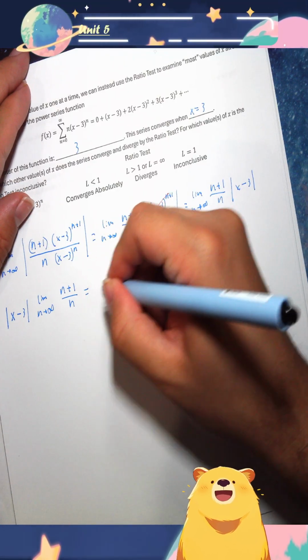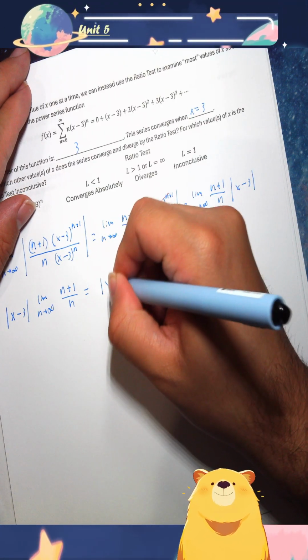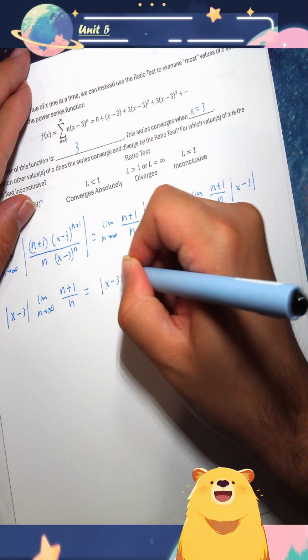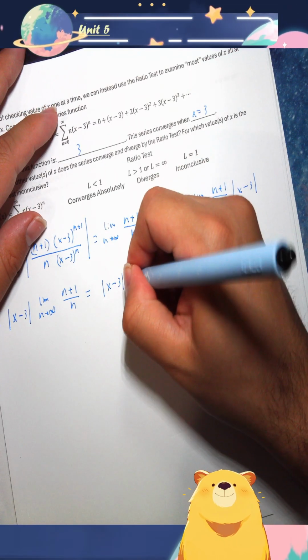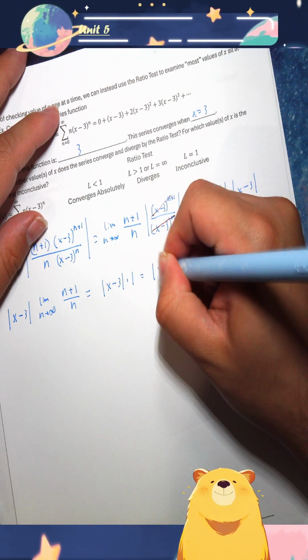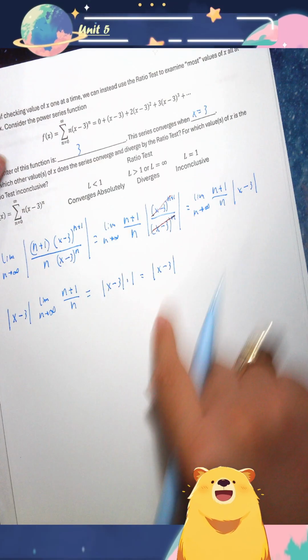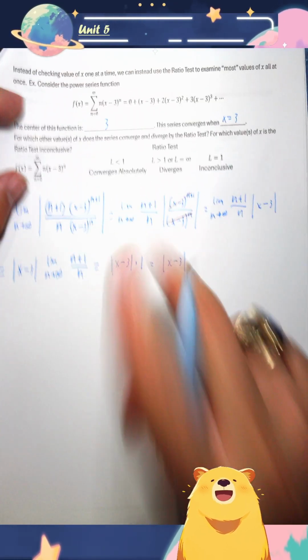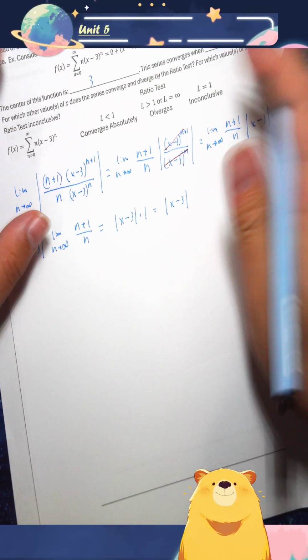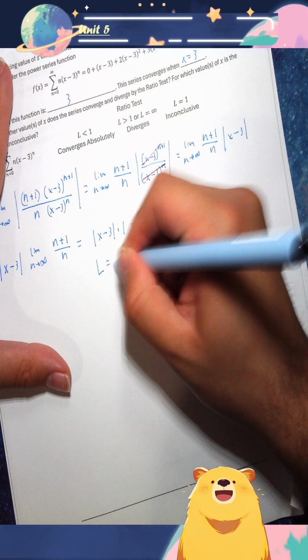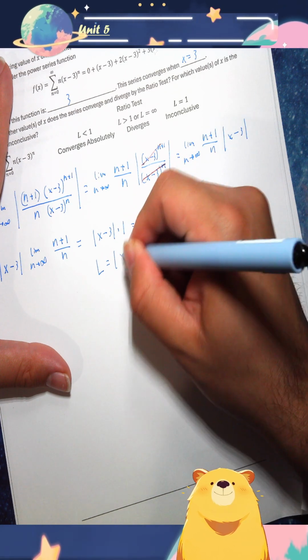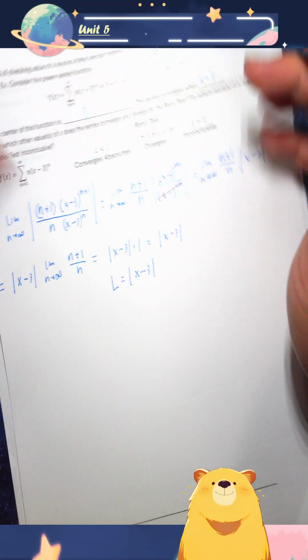So taking the limit, you just have the absolute value of x minus 3 times 1. And that's going to be your answer, x minus 3. Now keep in mind, all of this is to find L. So at this moment, L is equal to the absolute value of x minus 3.